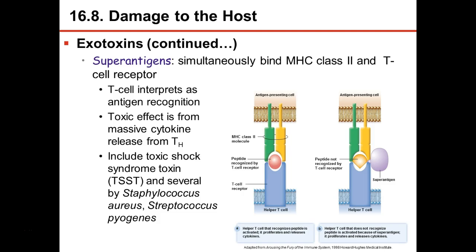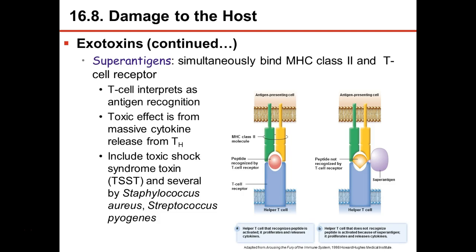Well, in this case, some toxins actually cause the T cell to become activated even if it doesn't recognize one or both of the things inside the MHC class II. And so what occurs here is the T cell is put into hyperdrive and starts producing all kinds of cytokines unnecessarily.